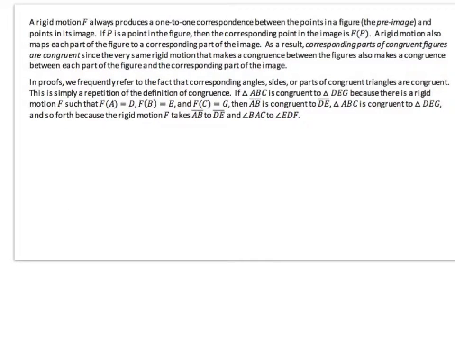A rigid motion F always produces a one-to-one correspondence between the points in a figure, the pre-image, and points in its image. When they refer to this, it's like we're talking function notation.